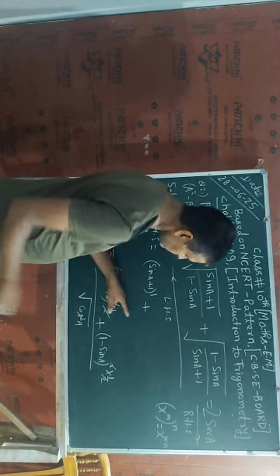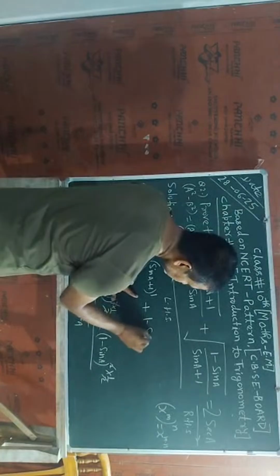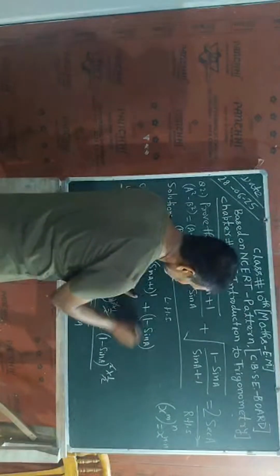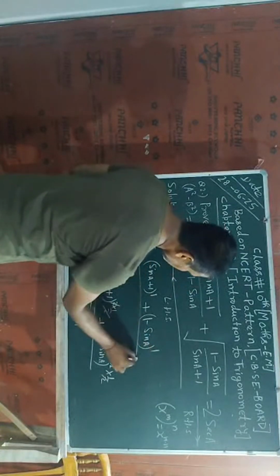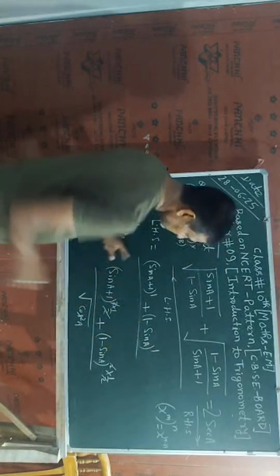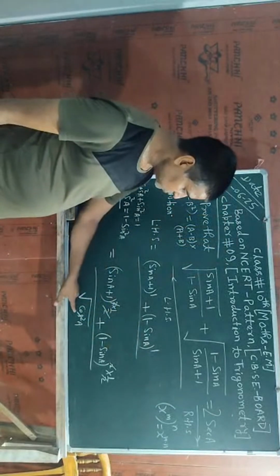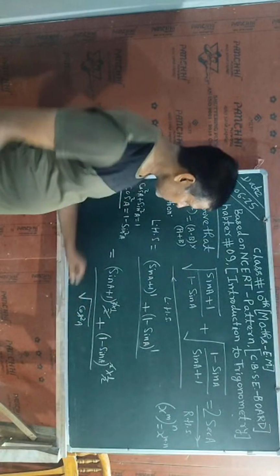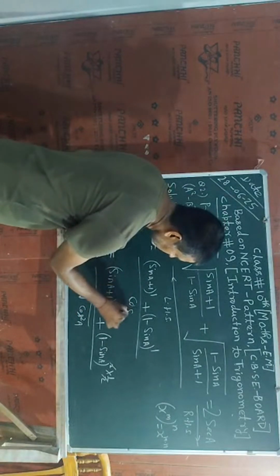Therefore here I will put 1 minus sin A, and here the power will be 1. Now here I will take the square root of cos square A. So the square root of cos square A will be cos A.